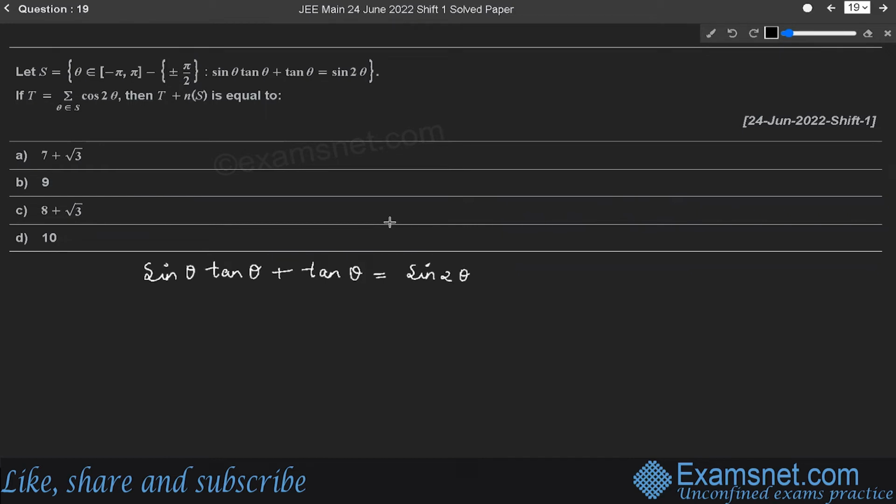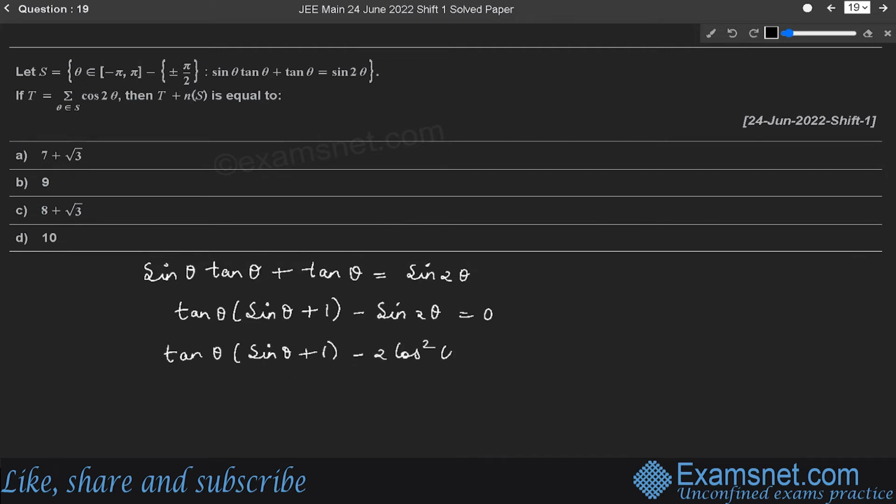This can be written as tan theta (sine theta plus 1), taking tan theta common, this is the remaining term, minus sine 2 theta is equal to 0. Now, it can also be written as tan theta into (sine theta plus 1 minus 2 cos square theta) is equal to 0.